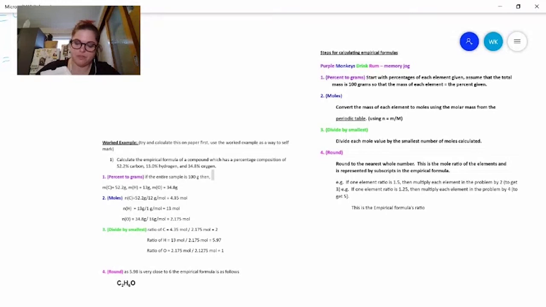To find the percentage composition, they burn the unknown sample and run it through a machine that gives you a spectra, and then it will tell you how much of your sample is which atom. It can tell you the type of atom. It cannot tell you the moles of the atom, which is why we go to our next step.